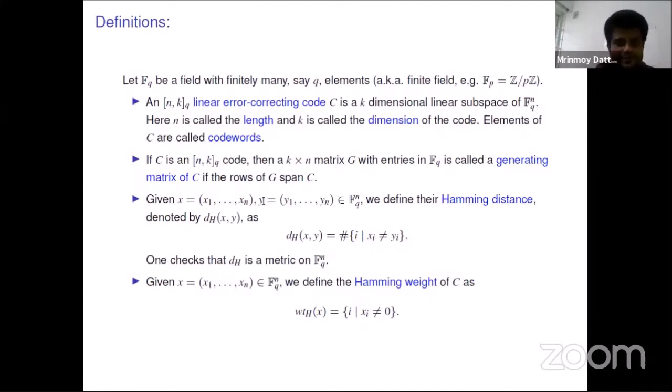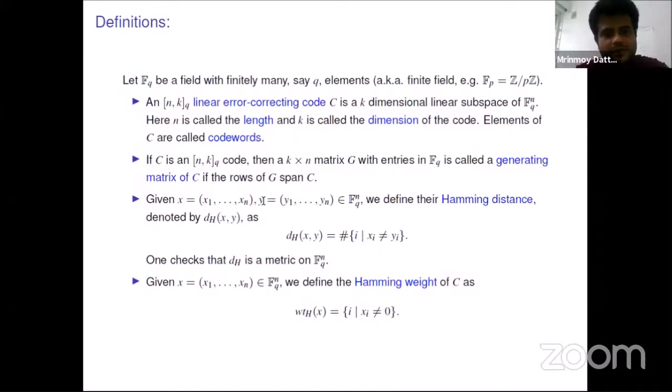You know from linear algebra that such a matrix need not be unique; you could take two generator matrices which differ by a product with a k by k invertible matrix.